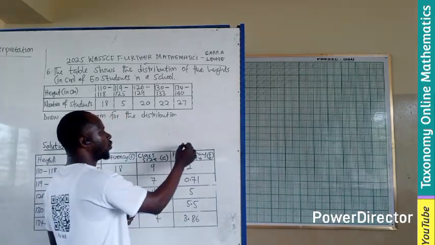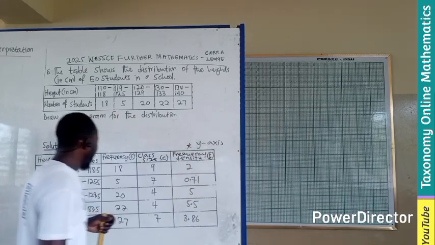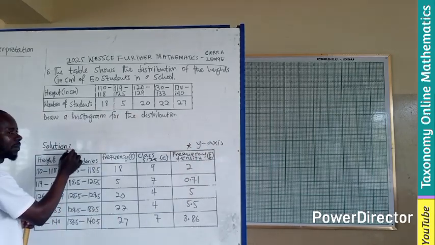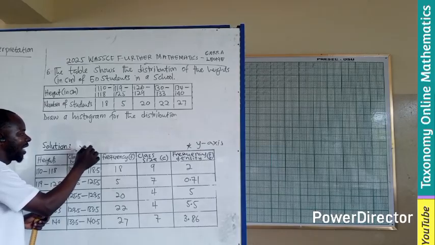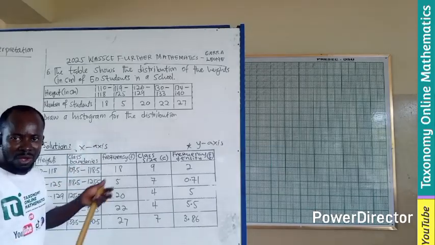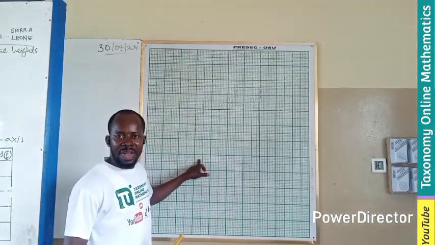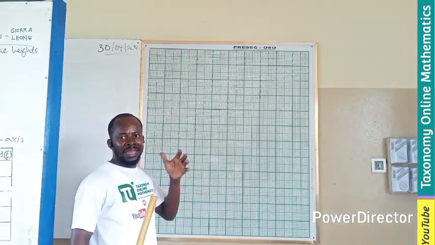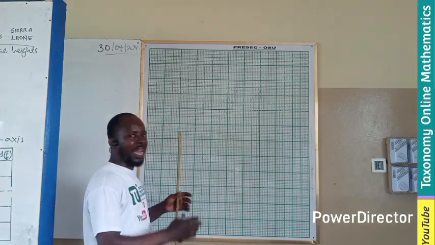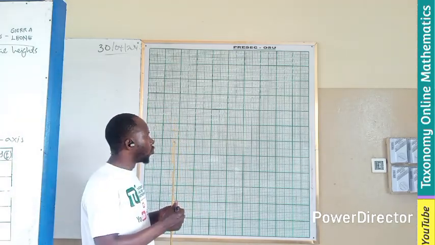We are going to make use of this on the y-axis, then make use of the lower class boundary here on the x-axis. So let's see how we can translate this onto the graph. For the values on the graph, what we need is to get the x-axis and the y-axis well drawn.